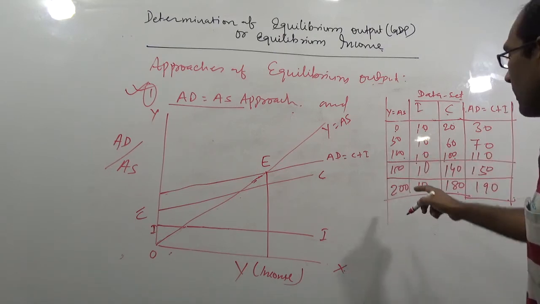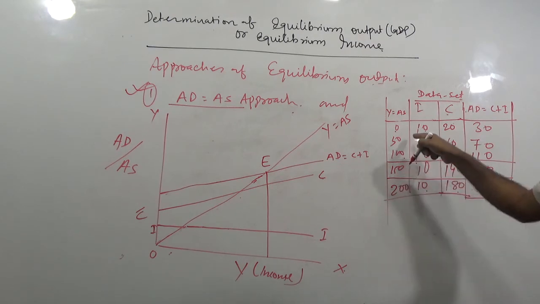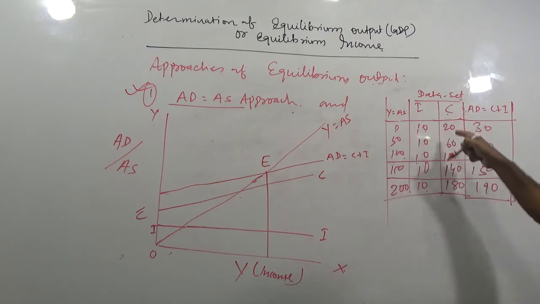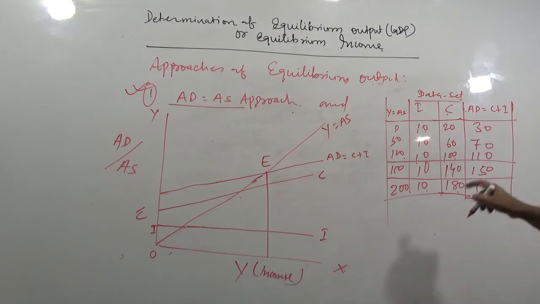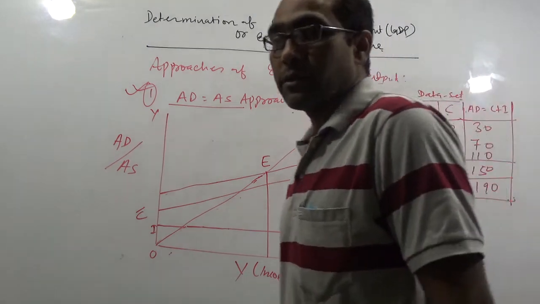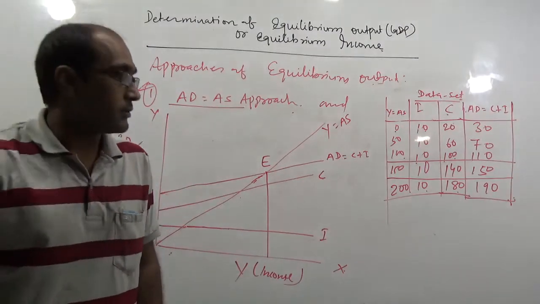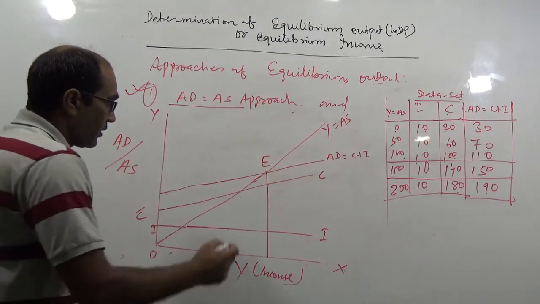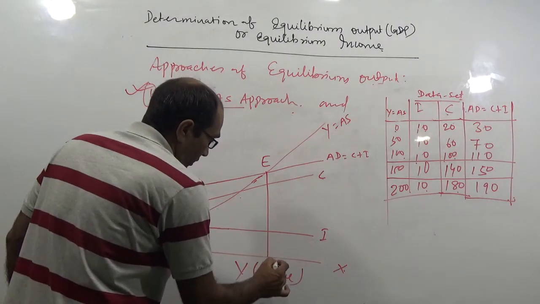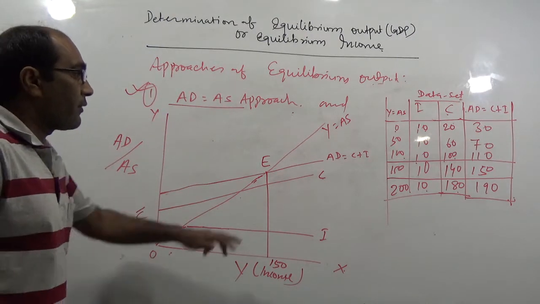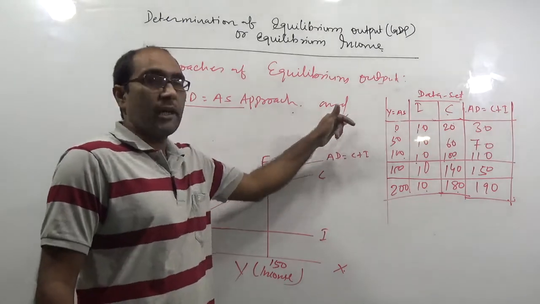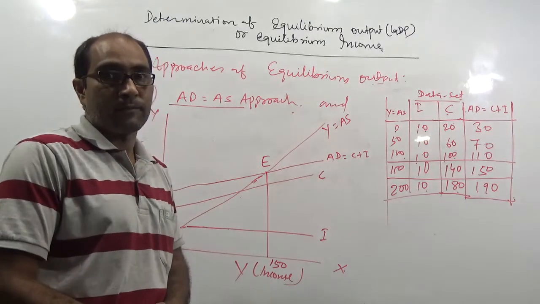When our income is 150, our investment expenditure is 10 and consumption expenditure is 140. So our AD is 140 plus 10 equals 150. The level of income 150 is at which our AD exactly equals AS.